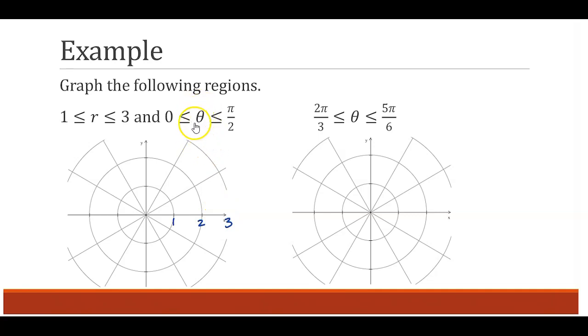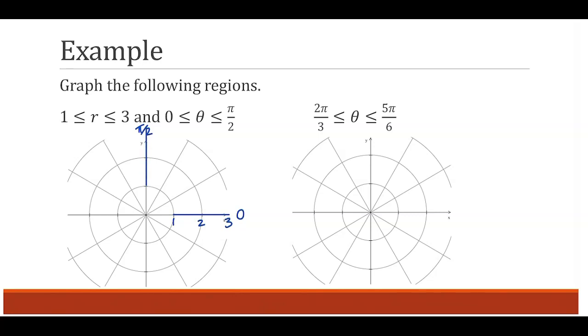And then our angles, we're always going to be between 0 and pi over 2. So 0 is here and pi over 2 is here. So we're graphing an entire region right now. So that region is going to extend from 0 to pi over 2, but be bounded between 1 and 3.